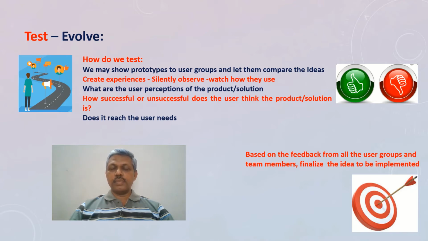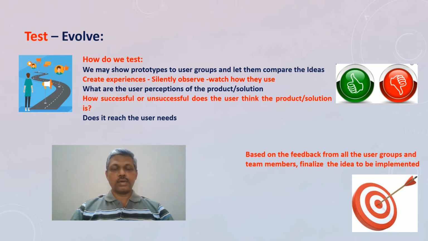Mere showing of the prototype is not the point, but we need to capture the feelings of the users. Based on such an exercise, critically on each of the prototypes that we have developed, we should be able to create notes, create an understanding of the user needs, and then finally arrive at one refined prototype and one idea to be taken forward.